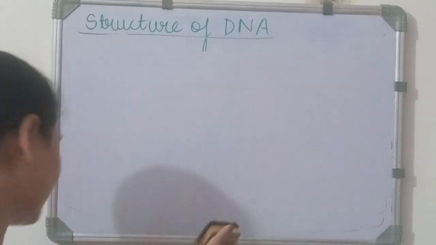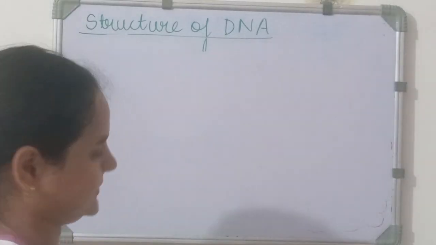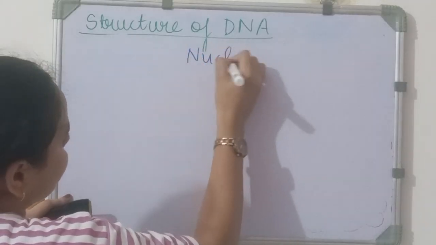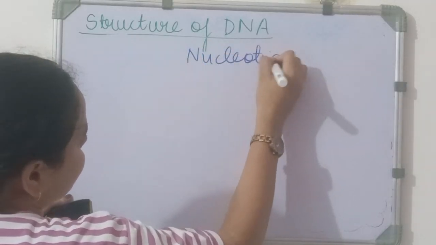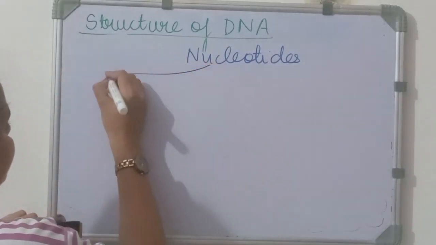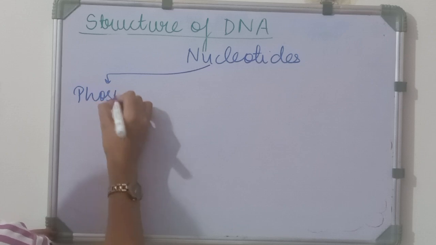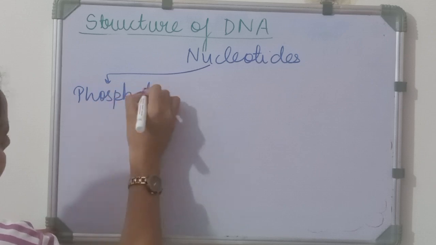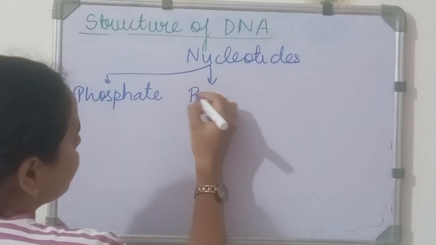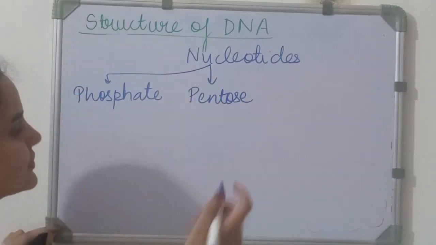I'm changing the color of the pen. Now, see, a nucleotide consists of three components. One is phosphate, another is pentose sugar. Pentose means 5 carbon sugar.